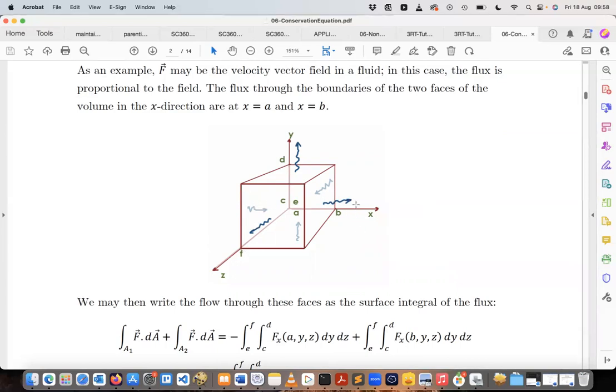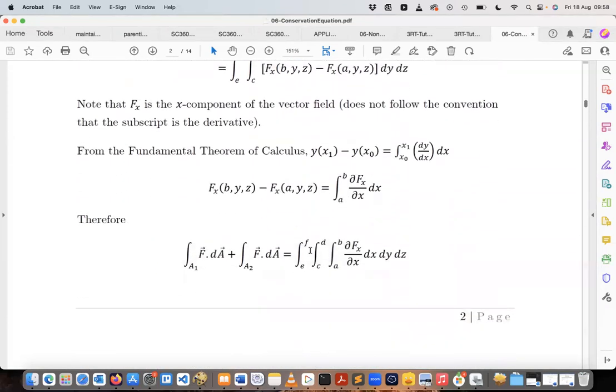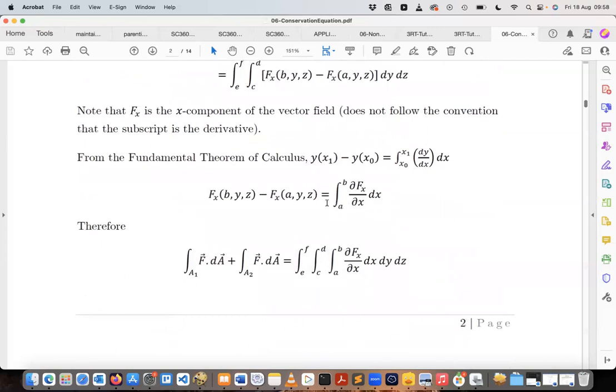So if we pick a Y and Z, then that fixes a point here and it fixes a point there. So this is just a point difference, but we don't want a point difference. We want a whole volume difference. So we are looking for the integral of the flux across the whole area. And we have to do it this way because the flux may be changing from point to point.